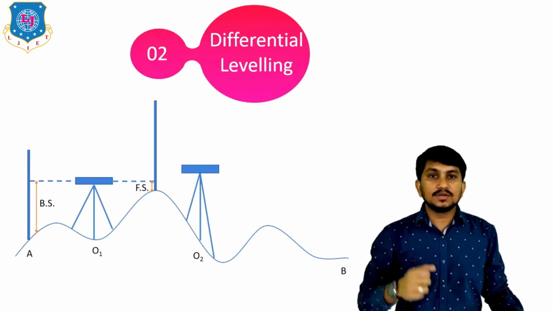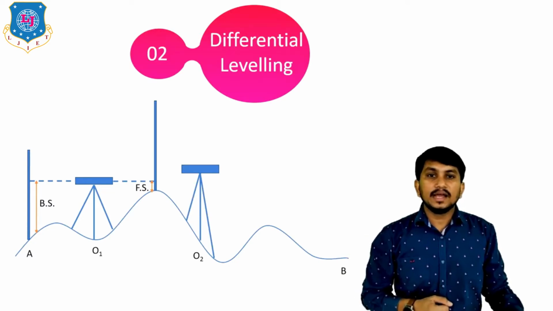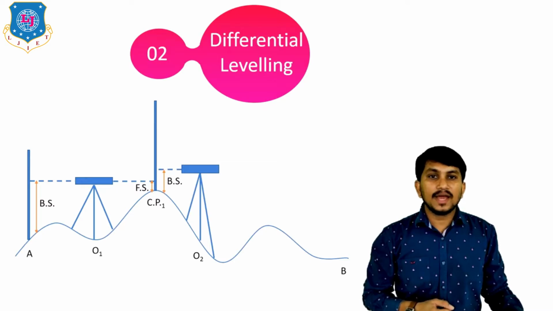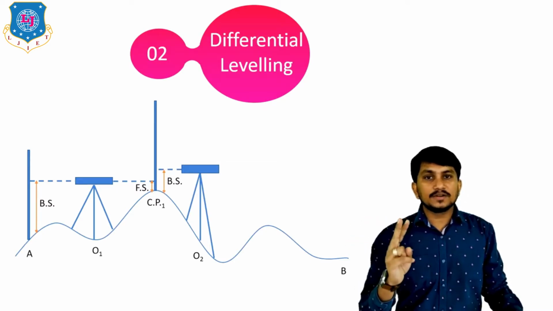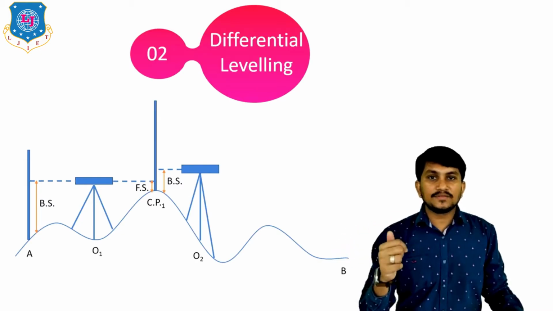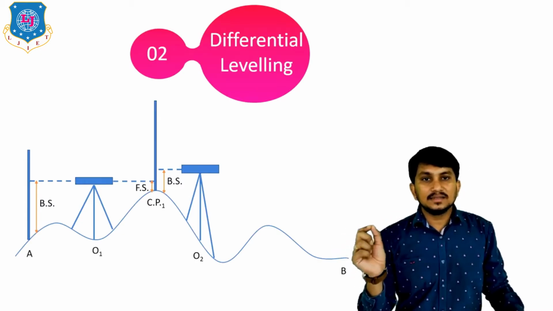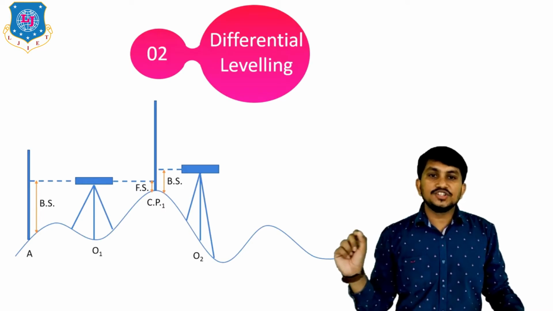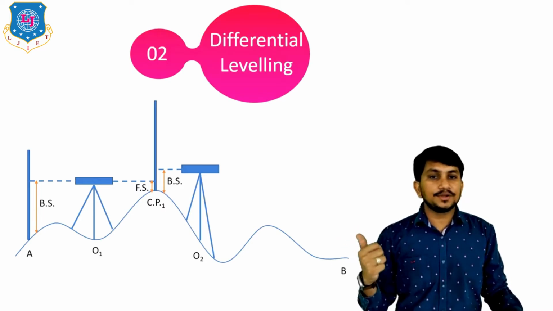This is setup number O2, and we take the readings. The point where 2 staff readings are taken, FS for the first setup and BS for the second setup, is called the changing point. Here this is changing point 1.